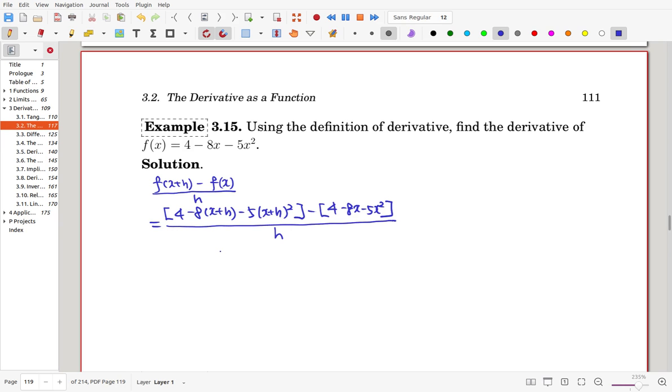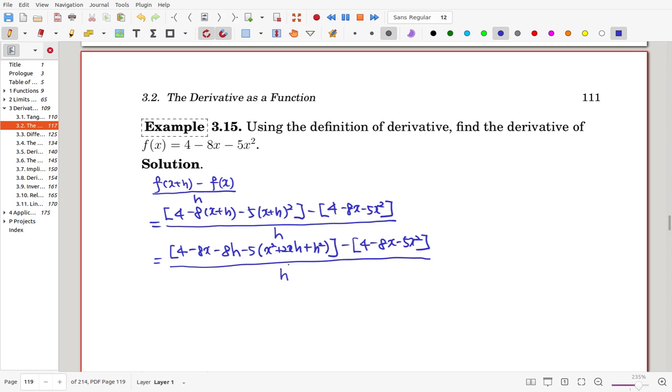h. We'll expand, so that is the same as 4 minus 8x minus 8h minus 5, putting everything inside parentheses, times x squared plus 2xh plus h squared, minus 4 minus 8x minus 5x squared, divided by h.